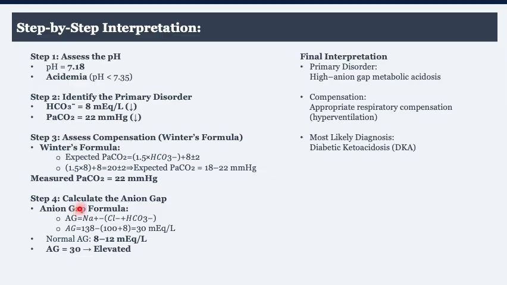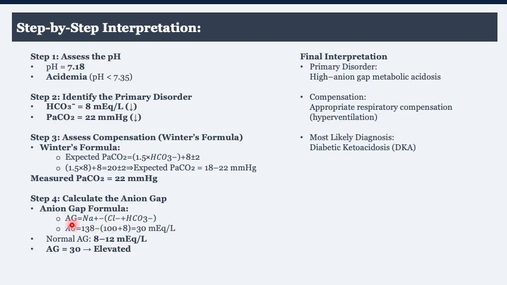The fourth step is to calculate the anion gap. And this is to see if it's a high anion gap versus a normal anion gap. And remember, with the high anion gap, you have certain disorders, and DKA is one of them.